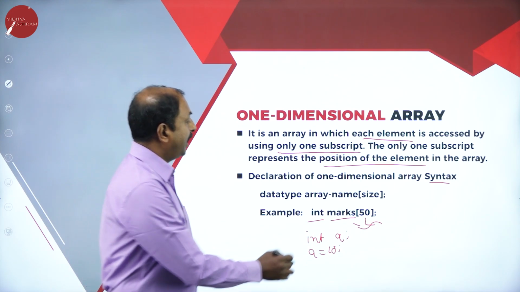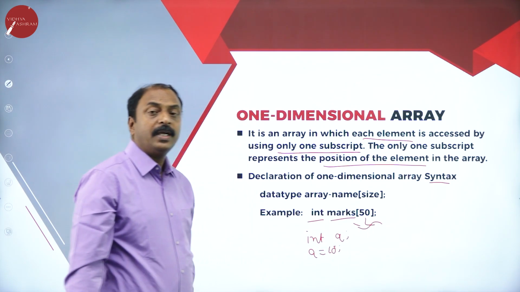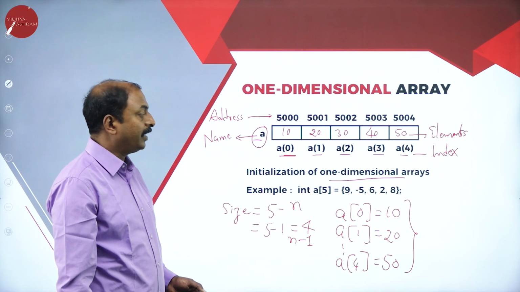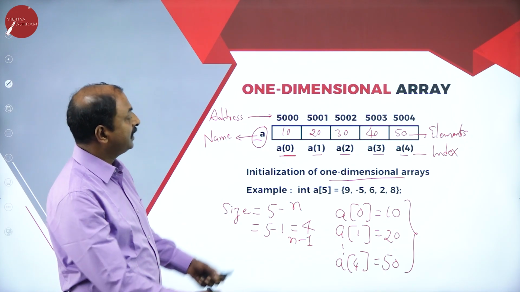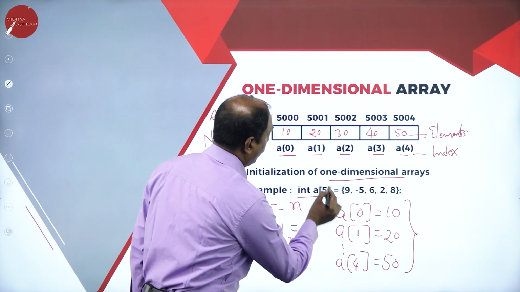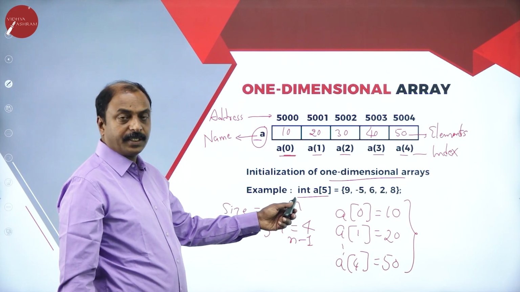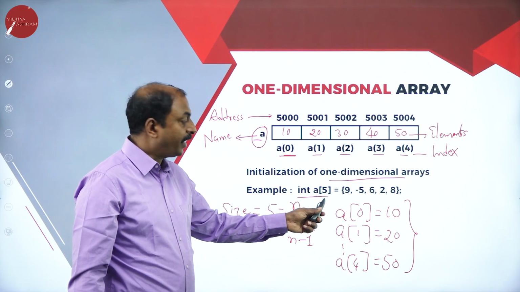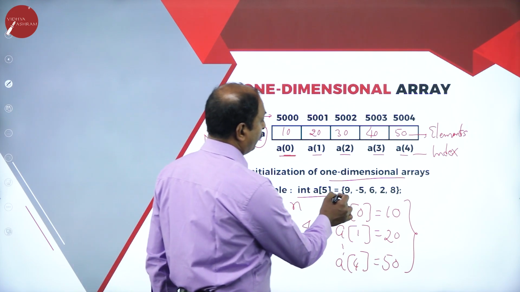Similarly, if an array is declared, how do we assign values to the elements of an array? The syntax says this is a one-dimensional array, int a of 5. Here int stands for data type, a is the name of the array, and 5 is the size of the array, equals, and we use a curly bracket.